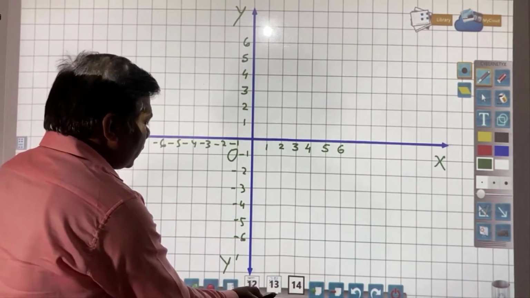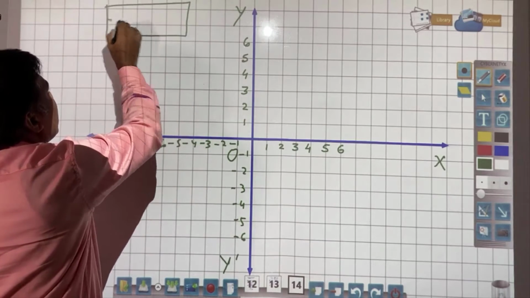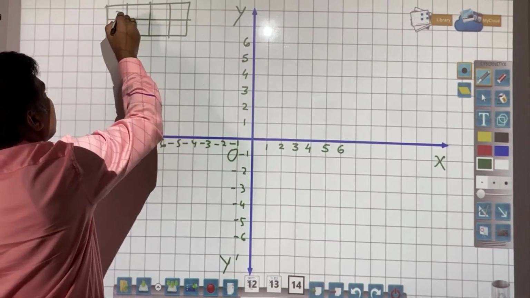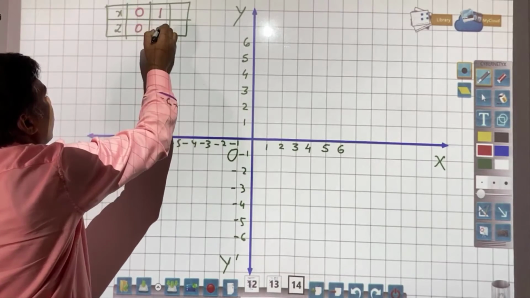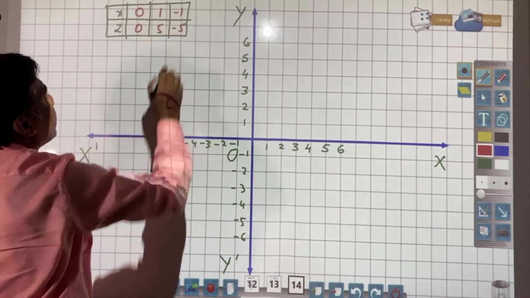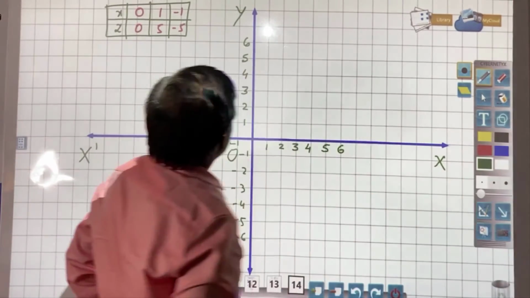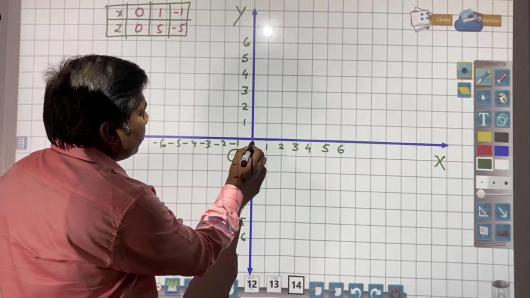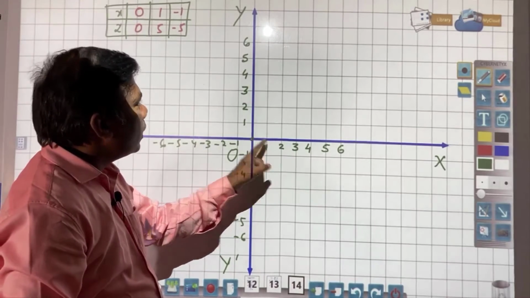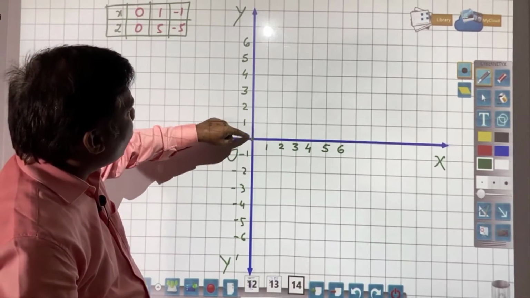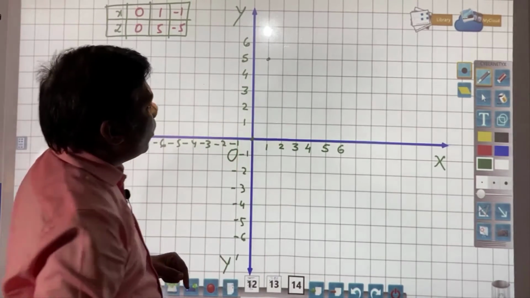Now here you see how is our table, what values we have, x and y. We have 0, 0, 1, 5 and minus 1, minus 5. Just you see, 0, 0 is your point. 1, 5: x is 1, and here y is 5, we will see in y axis 5, so this is meeting over here, so this will be your point.